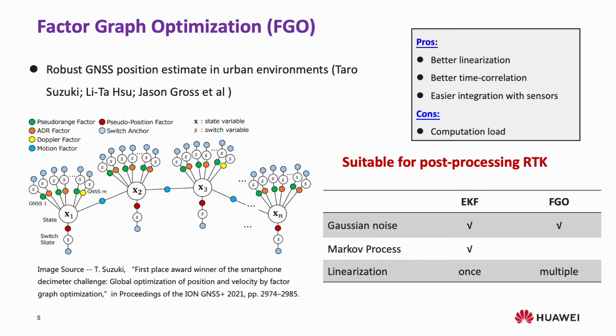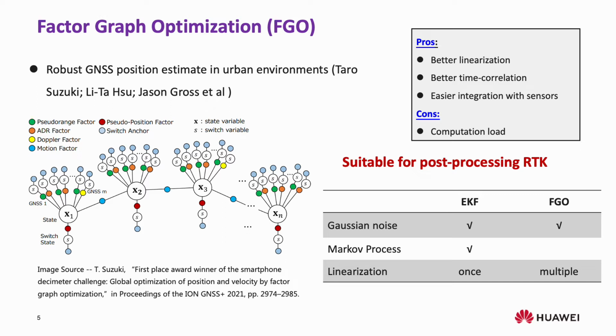Factor graphs have been treated as an alternative framework for solving estimation and optimization problems and have been widely used and proven to be very beneficial for a plenty of applications in SLAM and robotic domains.